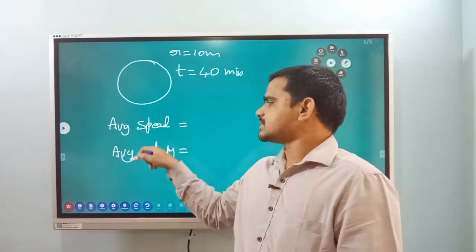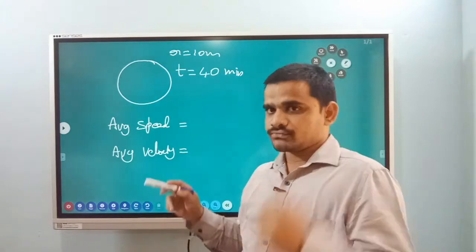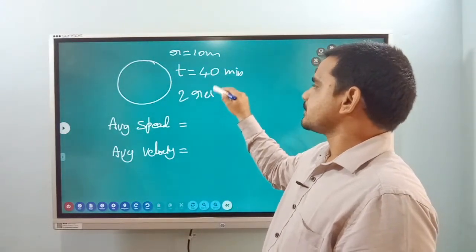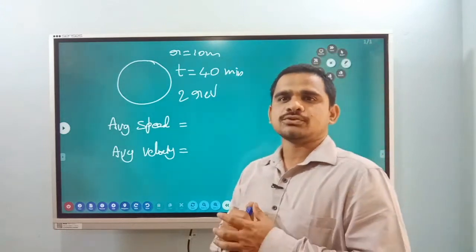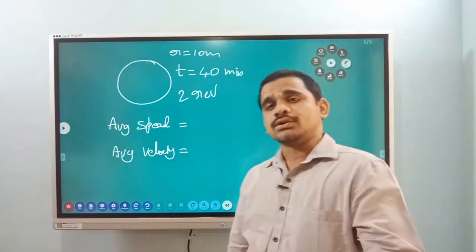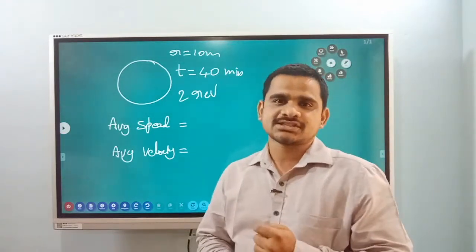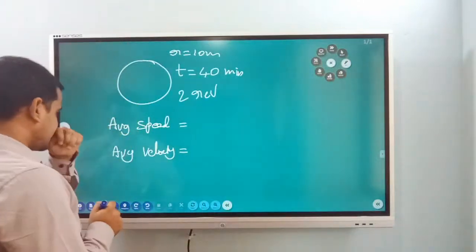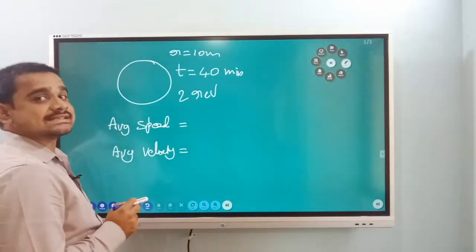Now what is the average speed and average velocity after completion of 2 revolutions? He completed 2 revolutions successfully. Then what is the average speed and average velocity? Let us see. Average speed means total distance.